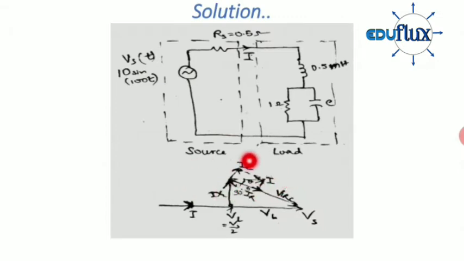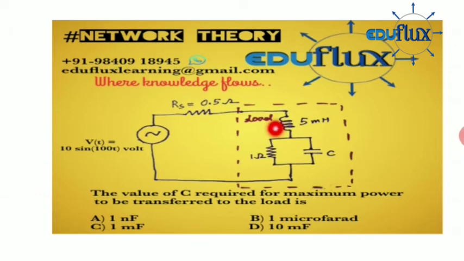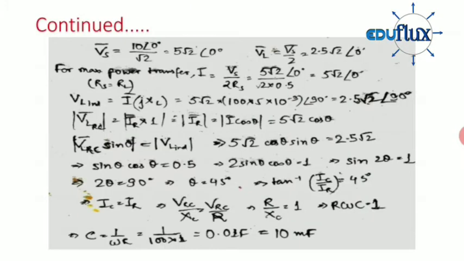So here the phasor diagram is explained. Actually there are many methods to solve this problem, but in this solution we will only consider the phasor approach. So let us look at the mathematical part. Under sinusoidal steady-state analysis or phasor analysis, the supply voltage is 10 by root 2, taking the RMS value, times the phase angle.